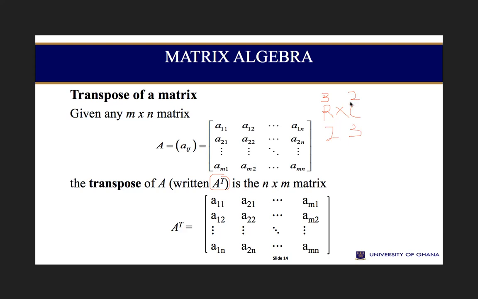The row will now become 2, and then the column will now become 3. So basically that's it. So let's say we have 1, 4, 7, 6, 2, 2. If let's say we have this matrix.